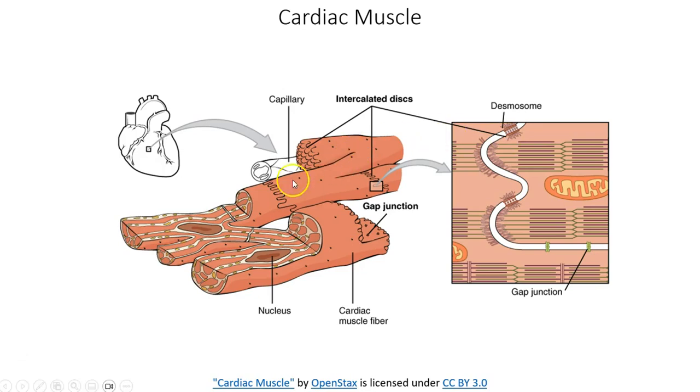So this entire squiggly structure here is an intercalated disc, and it is formed by these different types of junctions that allow that movement of electrochemical signaling to travel through these different cells really effectively.